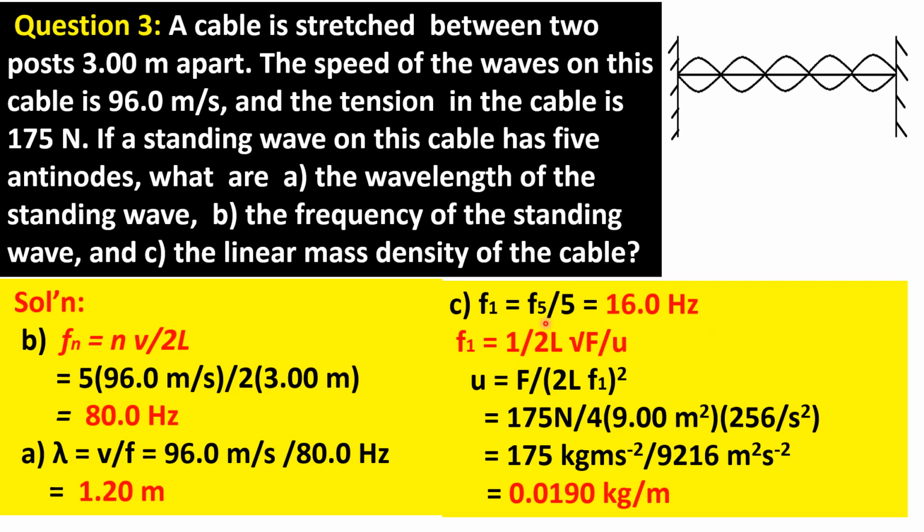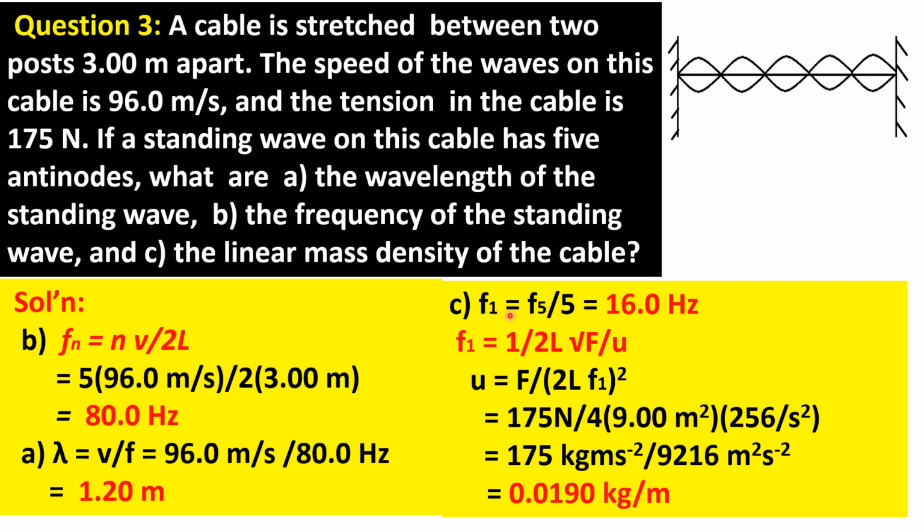We first determine the fundamental frequency or F1. F1 is just equal to the frequency of the standing wave with 5 antinodes, divided by 5.